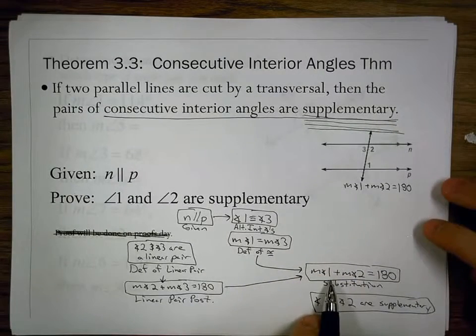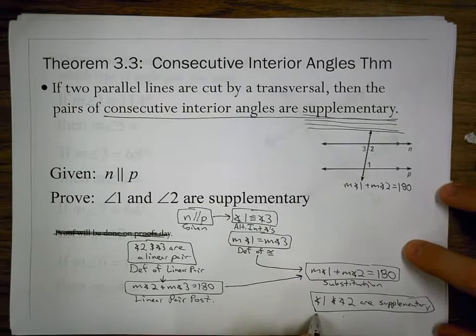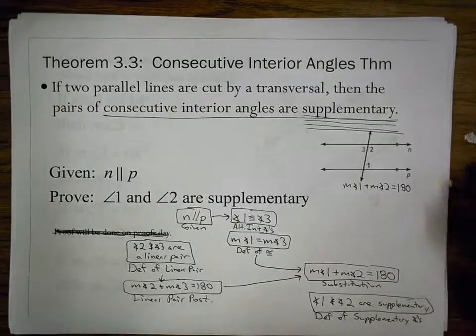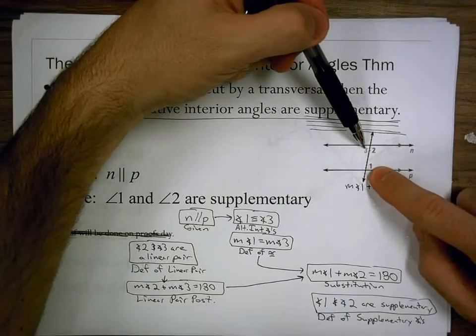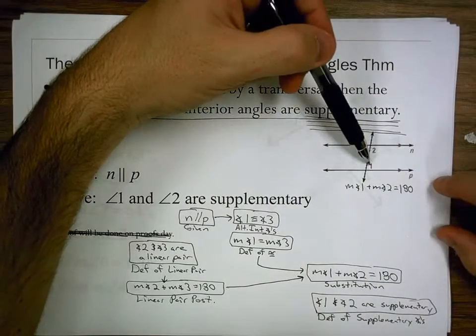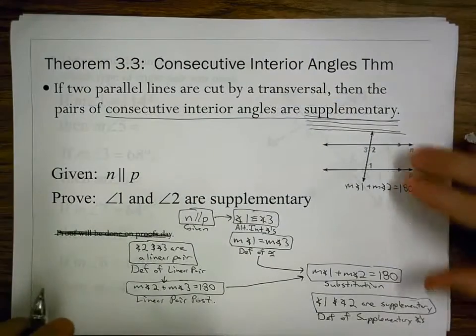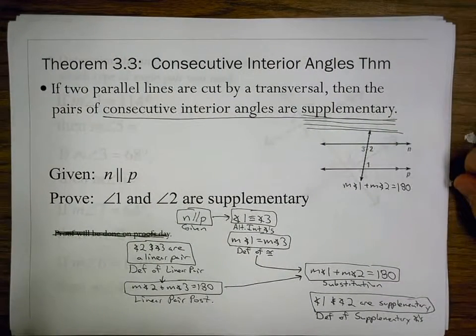And then, since they add to 180, I know that they're supplementary by the definition of supplementary angles. So it's more the fact that these are the same, and these are supplementary. Lets me replace the 1 and 3, they're essentially interchangeable, to know that these two will be supplementary.